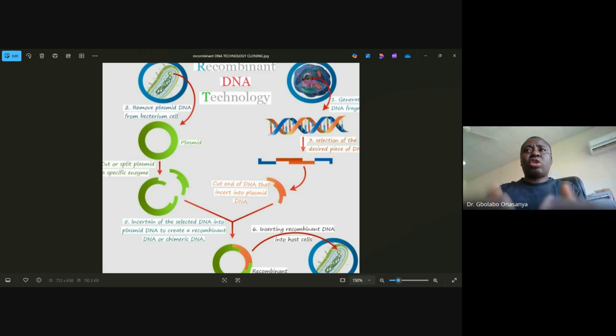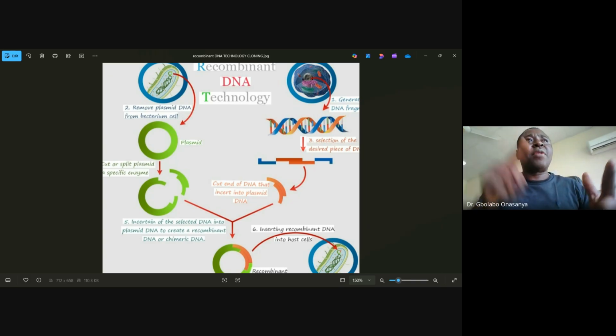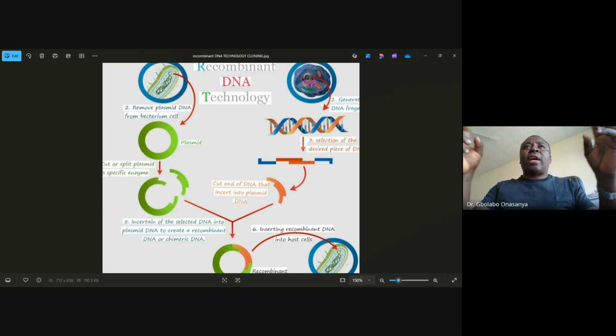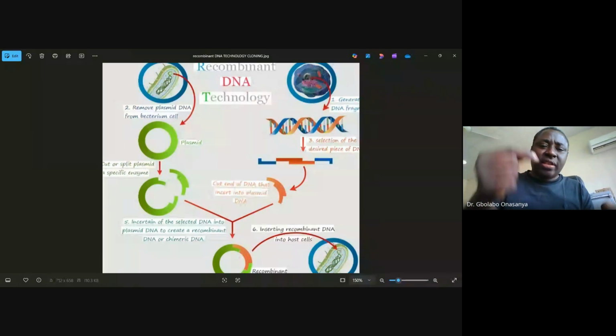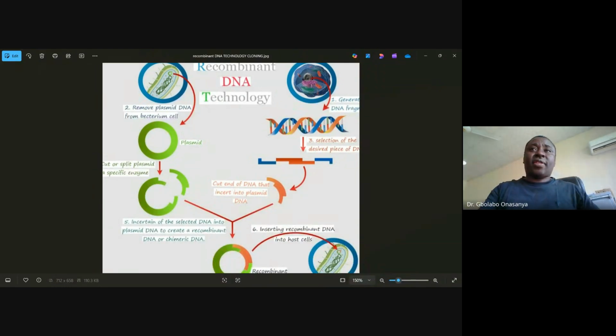There is an extent to which we cannot go with natural genetic processes. In Europe and in America, there are ethical guidelines that moderate the extent to which science can tinker with genetic resources. So there are government policies and regulations that moderate how far we can tinker with genetic engineering, so that we don't end up creating monsters.